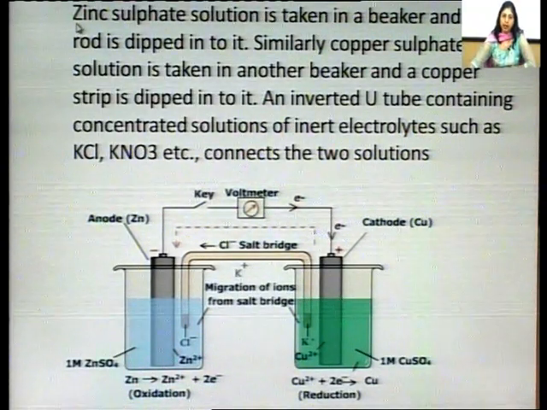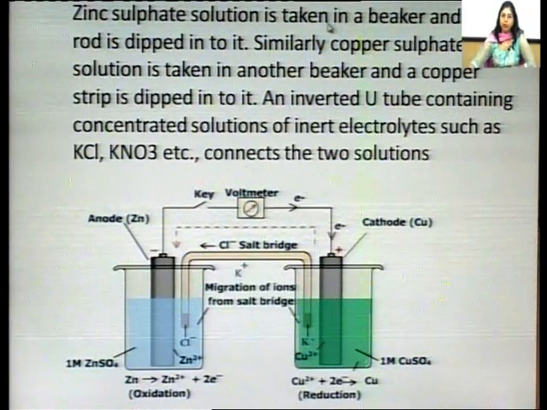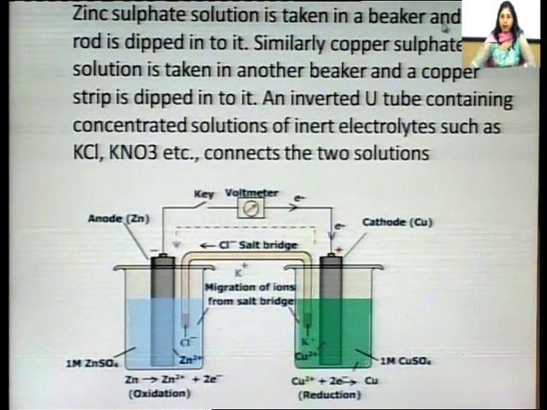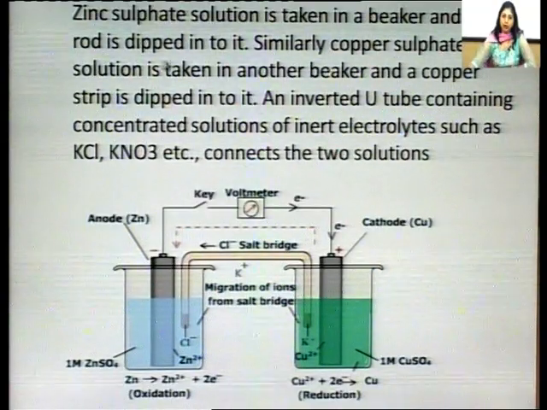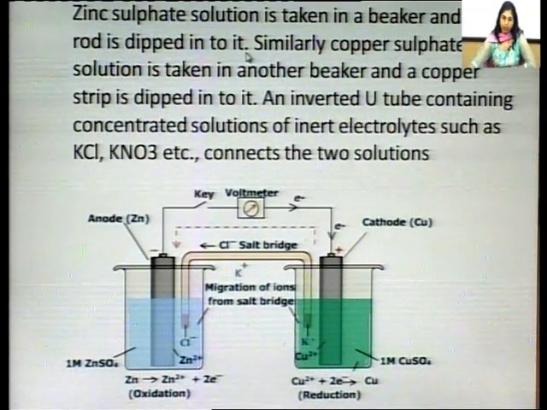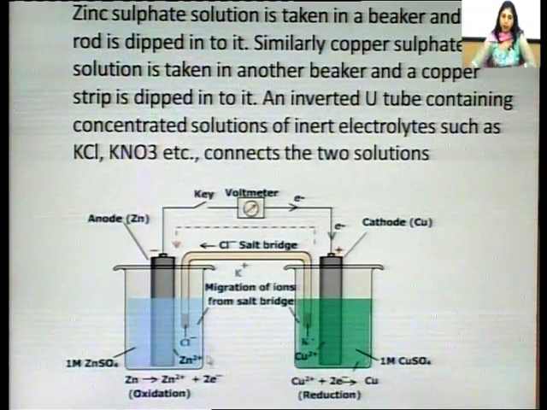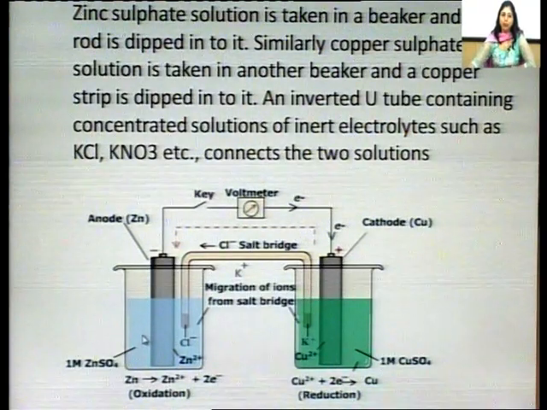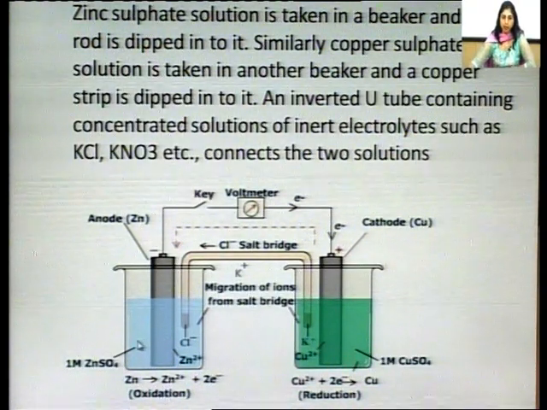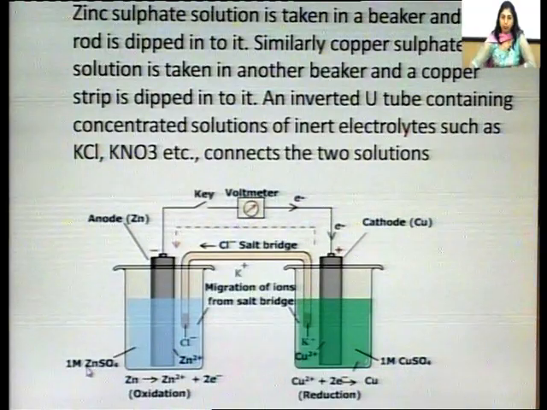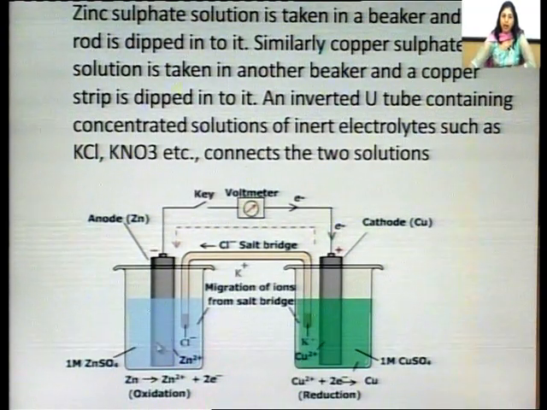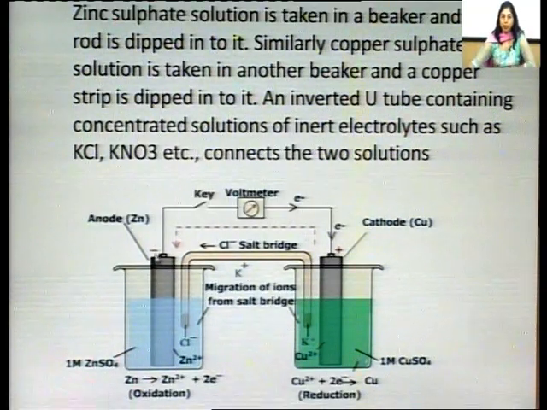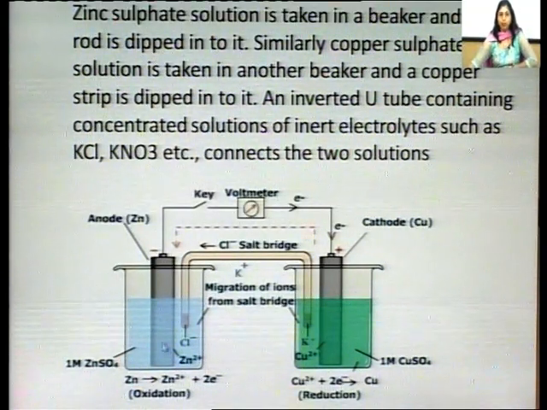In this cell, zinc sulfate solution is taken in a beaker and a zinc rod is dipped into it. The beaker on the left hand side contains a solution of zinc sulfate with a concentration of 1 molar, and in this solution a rod made of zinc is dipped.